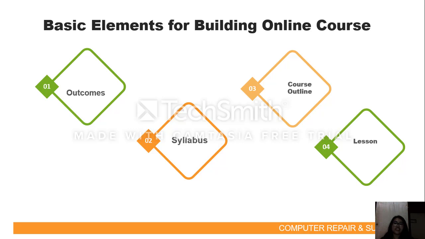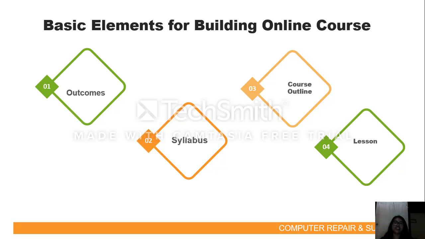And then the third element is the course outline. The course outline provides the units and also the lessons for the students. It means that the students can know what they will do next by seeing the course outline. That's why the course outline is important too for building an online course. And then the last is lesson. Sorry, I forgot to write lessons and sections.